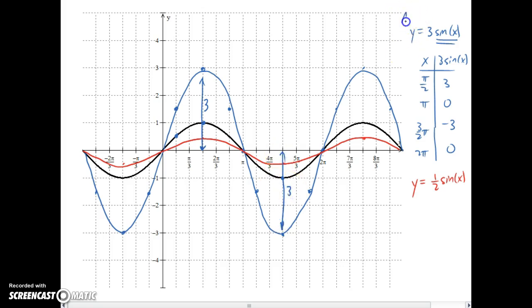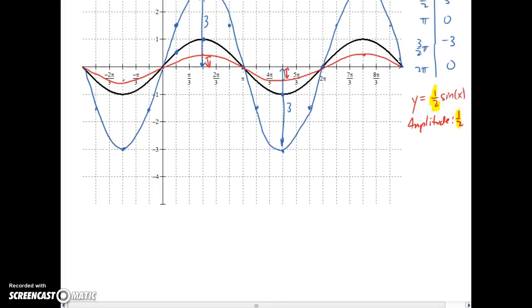So our amplitude on that first transformed sine graph is going to be 3, and on the second one, we only went up half a unit off the axis as our maximum or minimum. So there our amplitude is a half. And it's not coincidence that the amplitude matches that multiplier. That actually shows up in the equation very nicely.